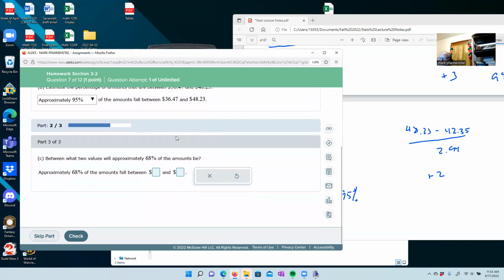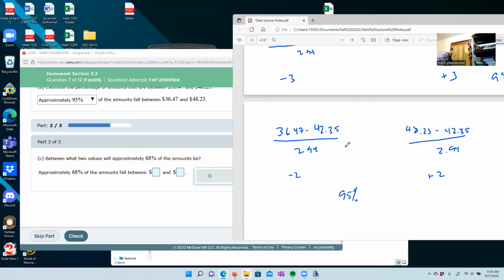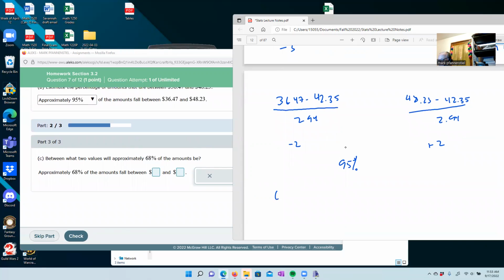Then they want to know between what 2 values 68% of the data will be. So 68% is within 1 standard deviation.